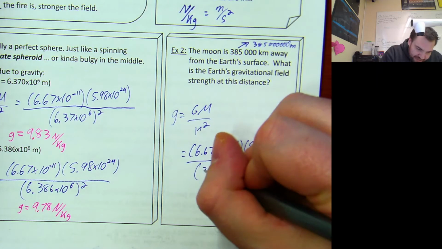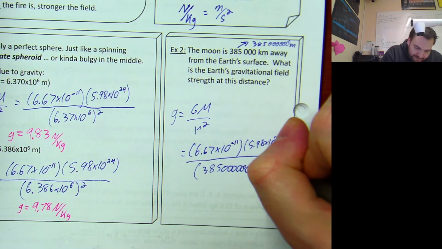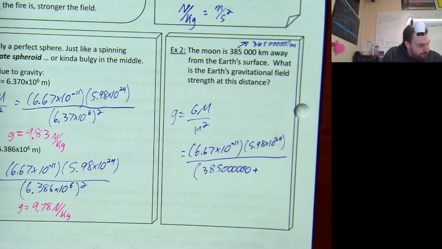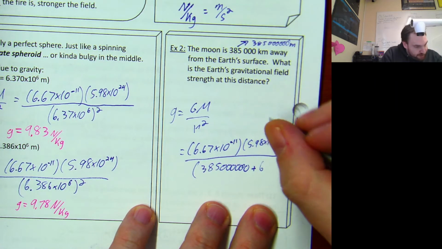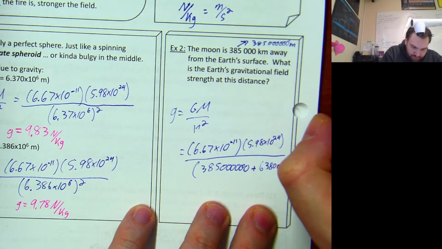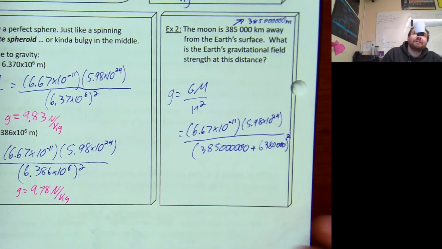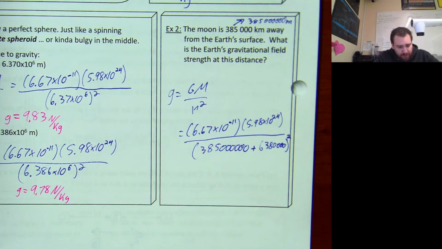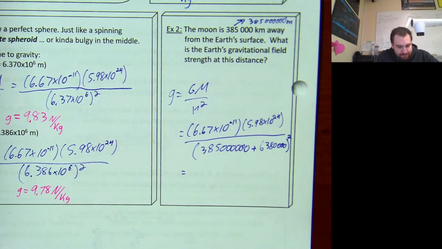So we want that 385 million, but we want to make sure we add to it the radius of the Earth, which is 6,380,000. Moon's really far away, it would appear. That doesn't change my statement.